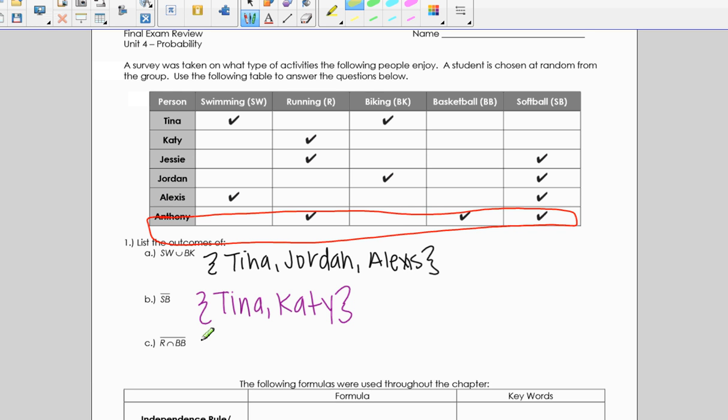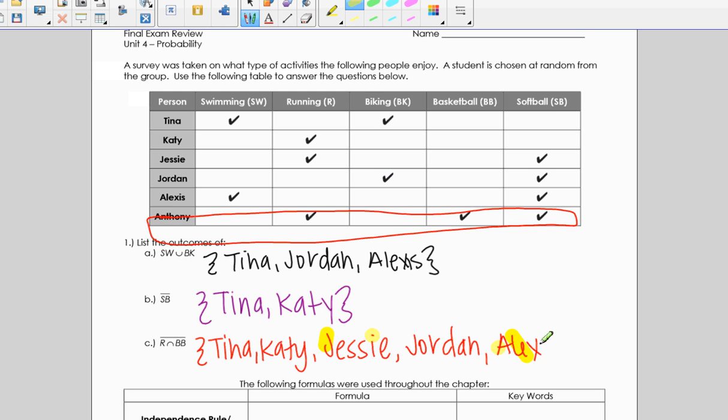So that means the people who don't is everybody else. So that's Tina, Katie, Jesse. Oh, there's the highlighter. Okay. Jordan and Alexis. Okay. So that's just naming.